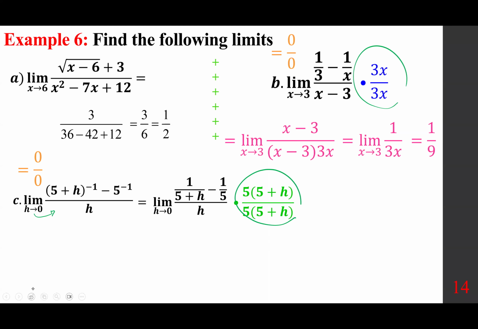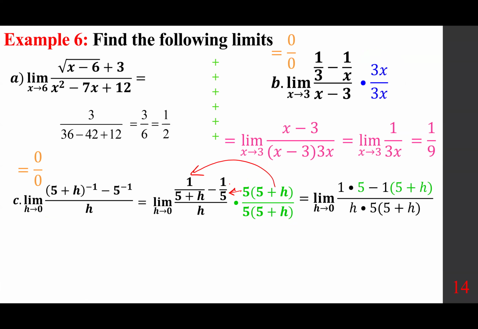What is the numerator? If you multiply this one by this one, 5 plus h cancel each other, you get 1 times 5. If you multiply these two, 5 cancels out, you get negative 1 times 5 plus h. And as I mentioned, the bottom, don't do anything, just write it.